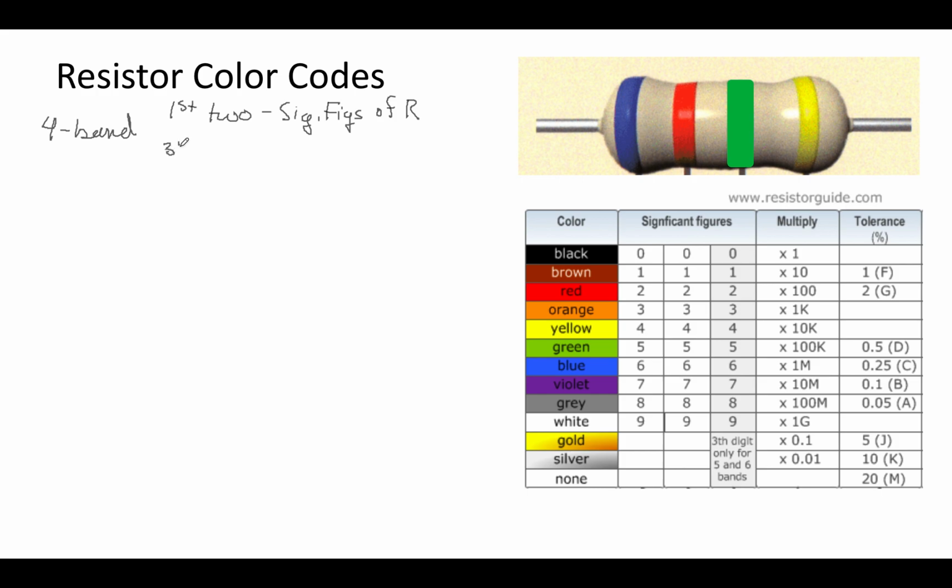The third band is giving you the multiplier, what you multiply those first two figures by to get the total resistance. And then the fourth is known as the tolerance.